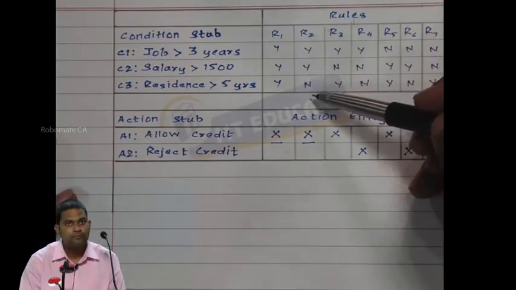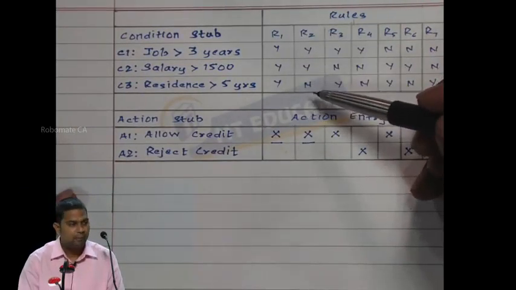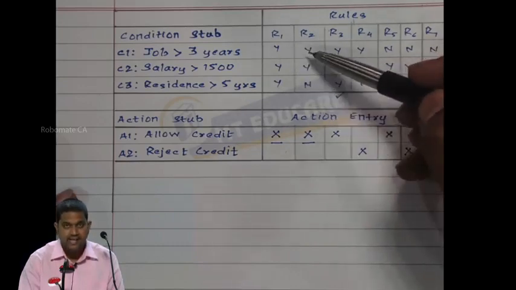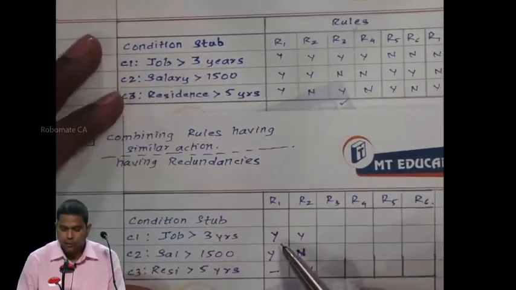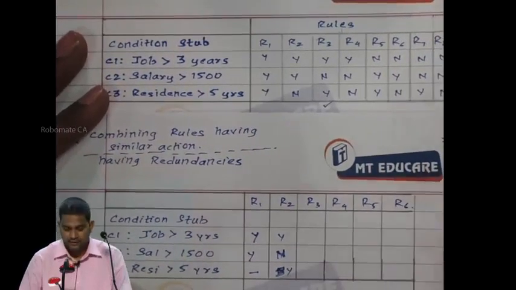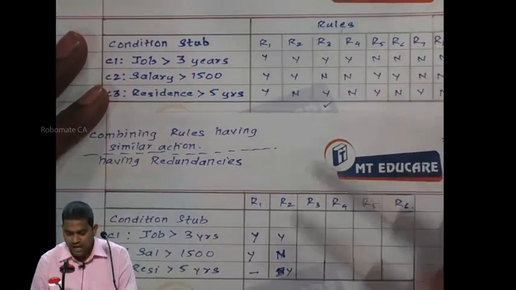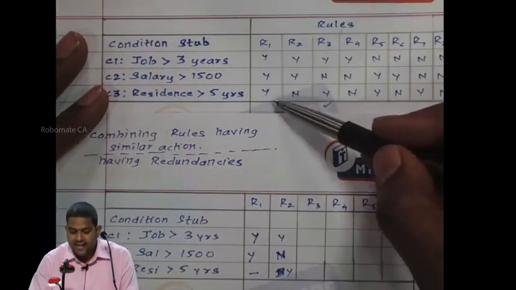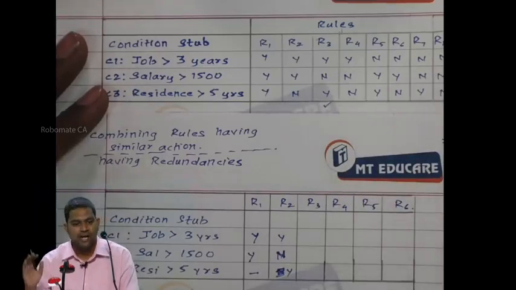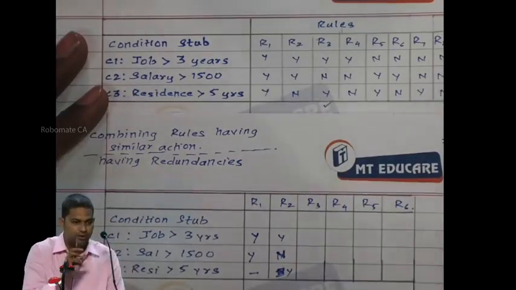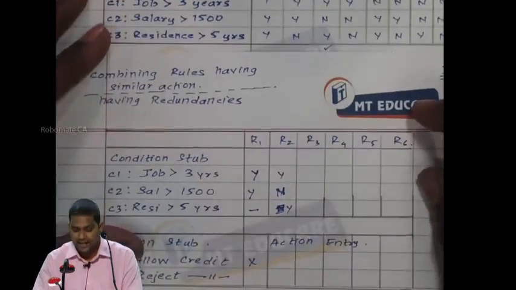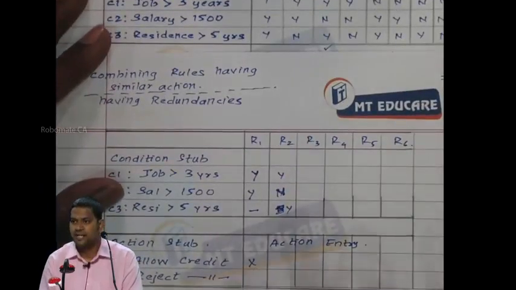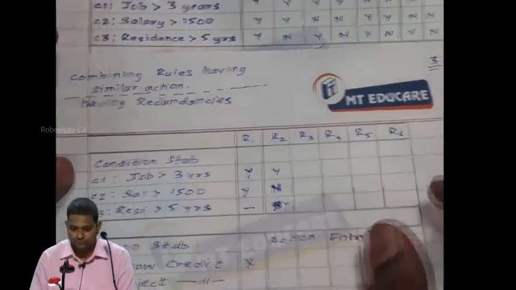Yes, yes and no. Now both the rules will be evaluated simultaneously. Yes and yes. So I wrote yes over here. Okay. Then yes and yes. I wrote a yes over here. Yes and no. I cannot write yes, I cannot write no, because both the things are possible. So I am just leaving it by a dash over here. Now the action entry is allow credit. R1 and R2 is over.